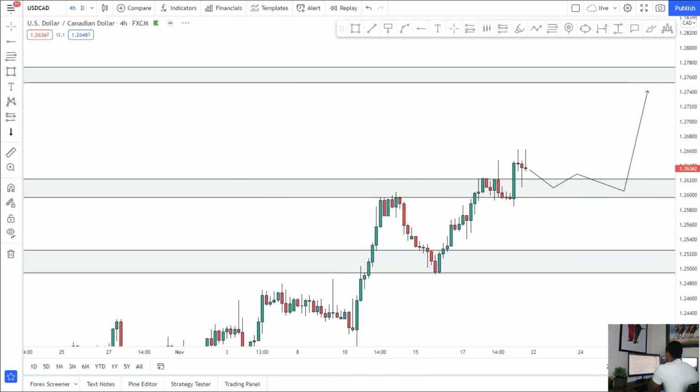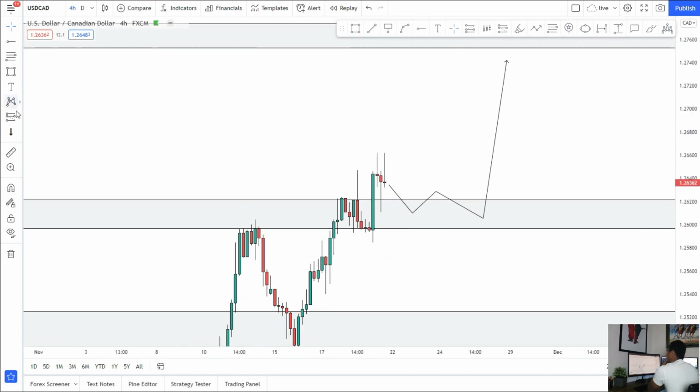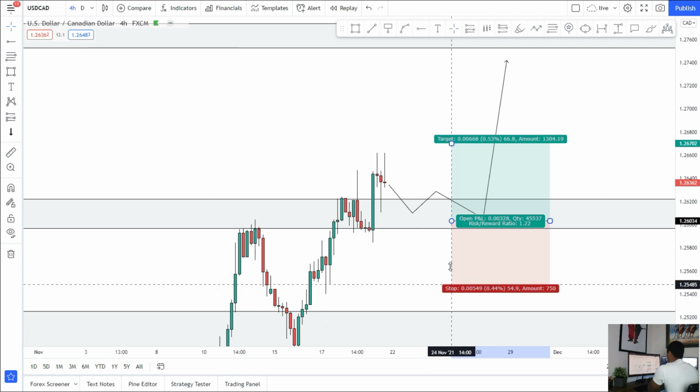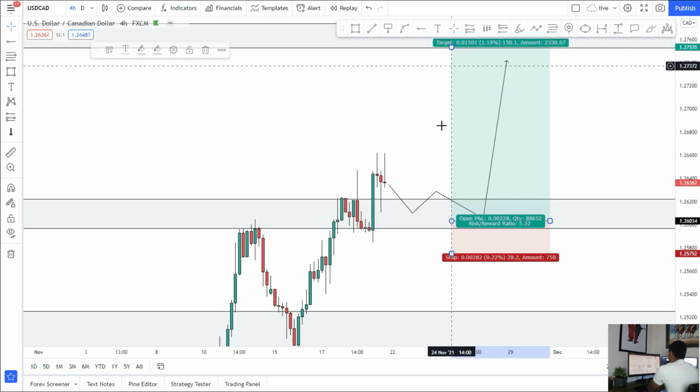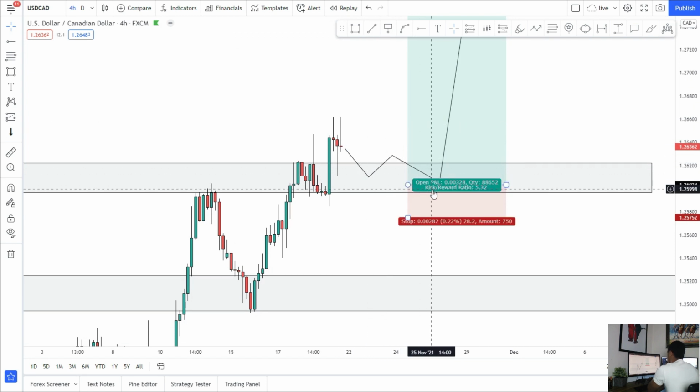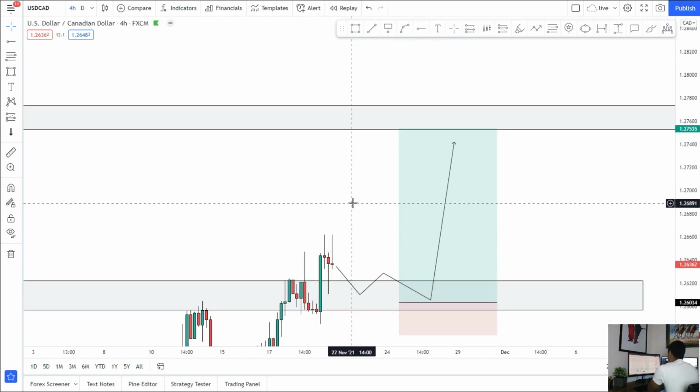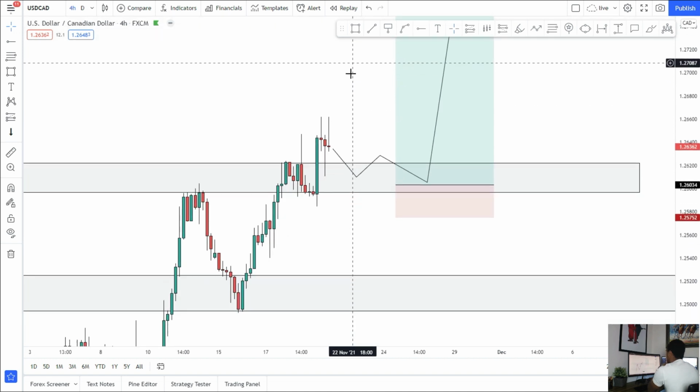So like I said, looking for buys from here around the 1.26 area, which price just respected there on Friday with that big push to the upside. So looking for a retest of 1.26, and then we'll push it up into 1.27500.